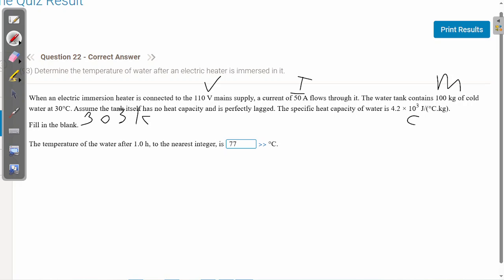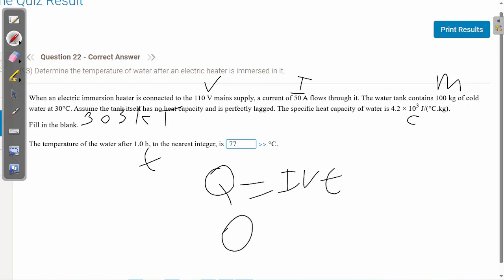So what do we know about, okay, so this is it. This is the time and this is the temperature. So we have what? IVT, MCT. So we have two rules we can use. So we have Q is equal to IVT and Q is equal to MC delta T. The Q is going to be equal, right? Because the same energy that you use to power it up is going to be the same energy that heats up the water.